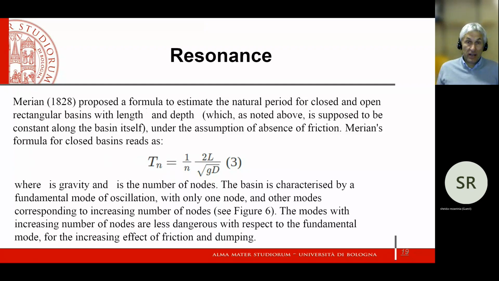And then if you divide by the number of nodes, you get the period of the standing wave. This is very simple. This formula was already proposed in 1828. So you see that indeed this was a problem that was already well known at that time. And again, it's very simple.